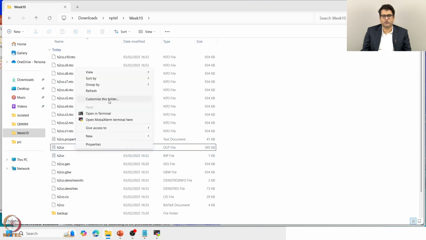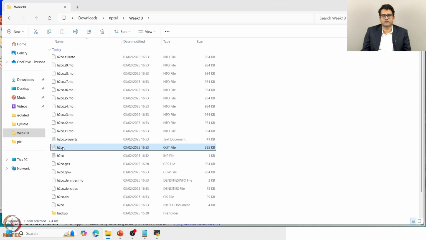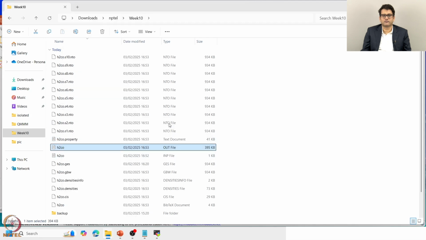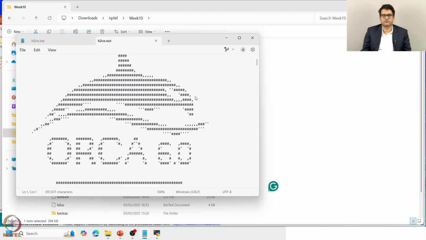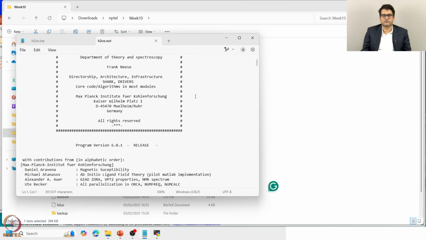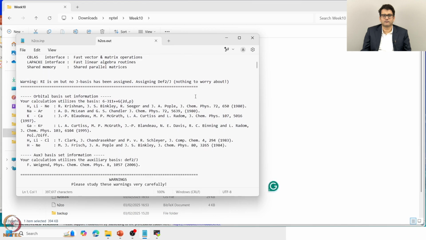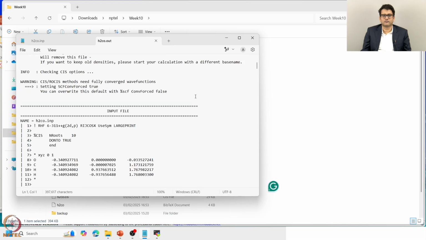Let us reopen the output file again. These parts are all similar.